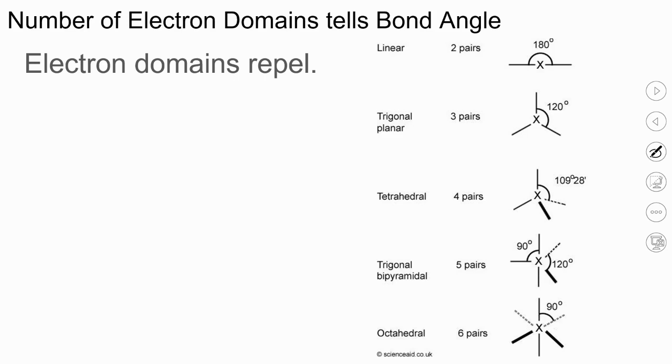Okay, the next one is 4. For the 4 electron domains, you have to find the atom that is not like the one for 3. Yeah, one for 4. I know it's not exactly right. That's good.